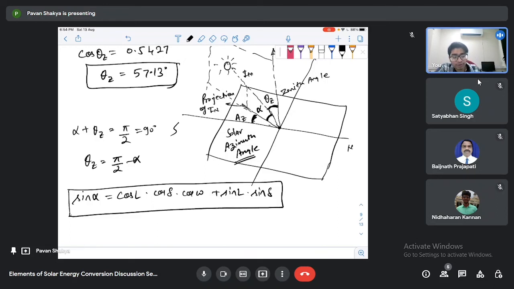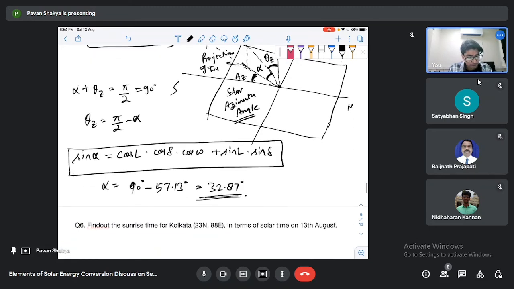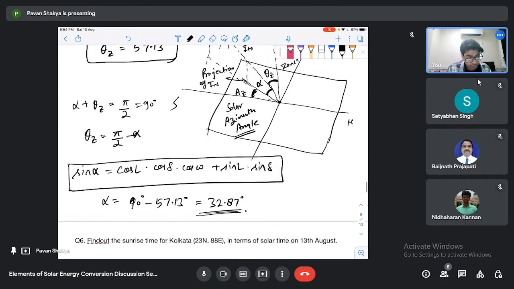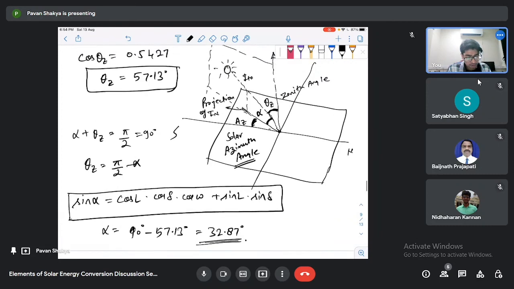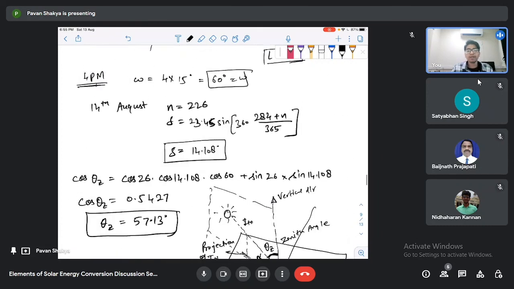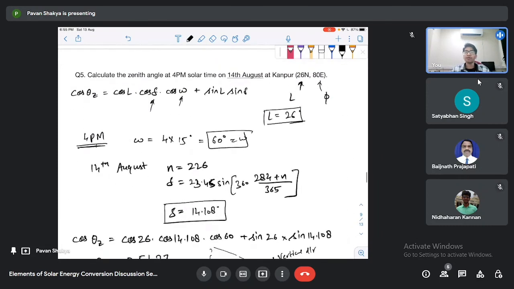Also, if you have the zenith angle, then you can directly calculate alpha equal to 90 degree minus 57.13 degree, which comes out to be 32.87 degree. So for this problem I have calculated both the zenith angle and the altitude angle.